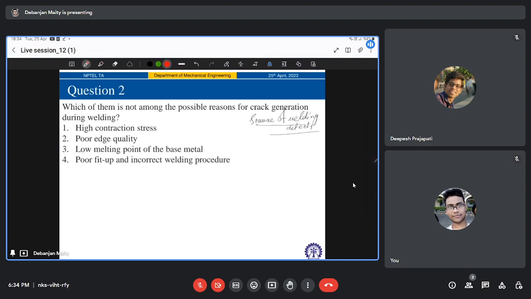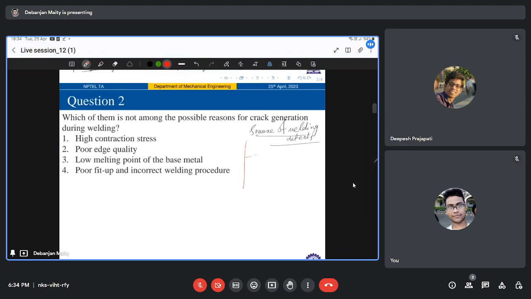So in terms of sources, what can we have? We can have improper selection of process, right?